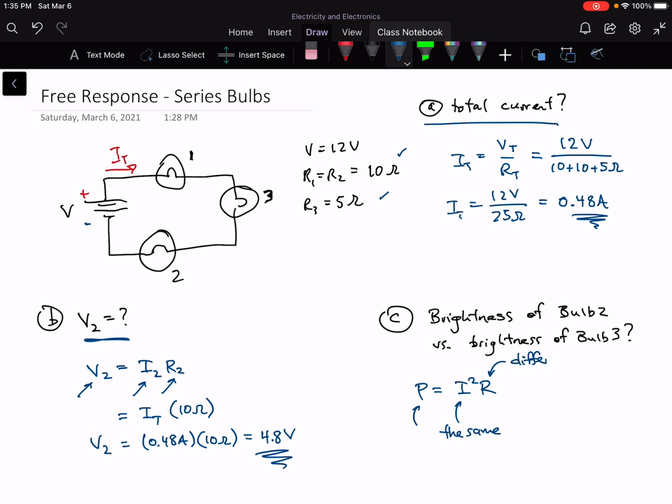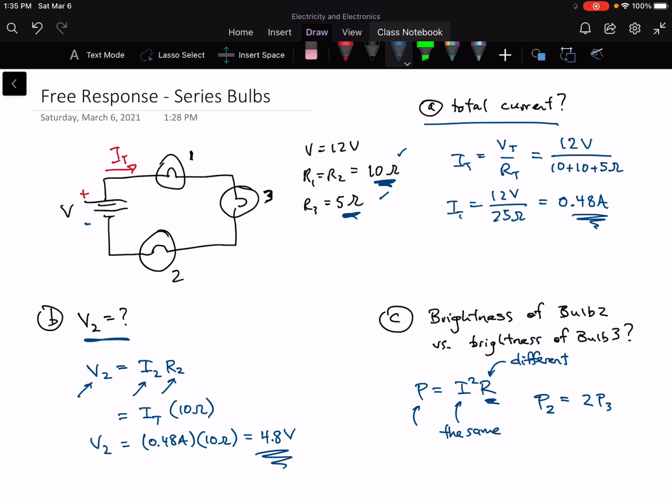At least for bulb 2 and bulb 3, there's a factor of 2 difference there, right? It's 5 ohms for R3, 10 ohms for R2. And so P2 is going to be equal to twice P3 because the resistance is twice as big.